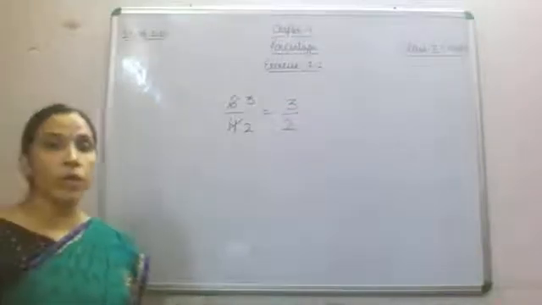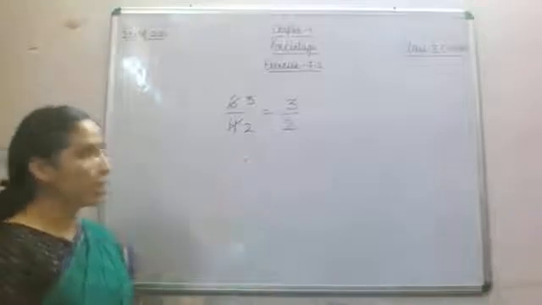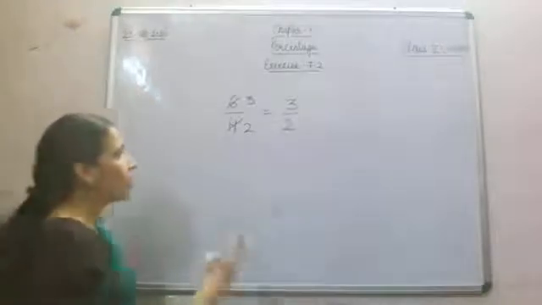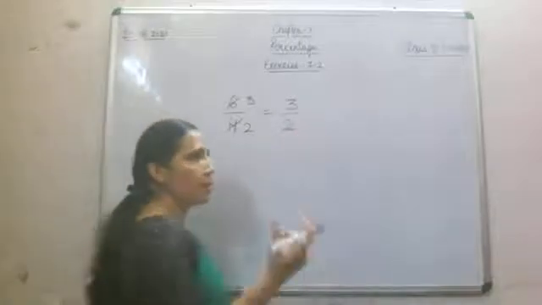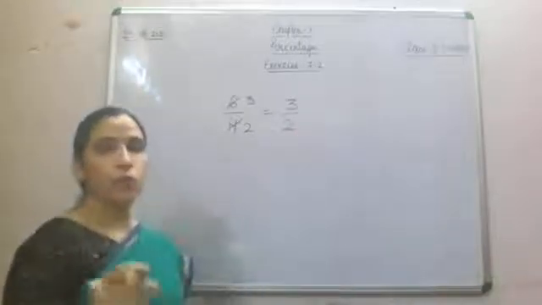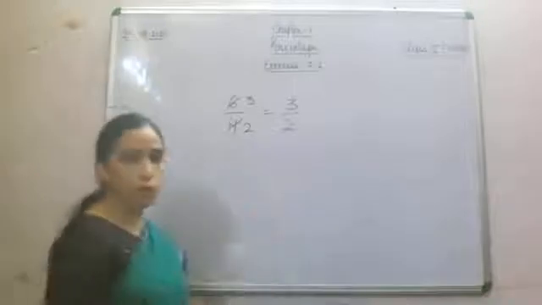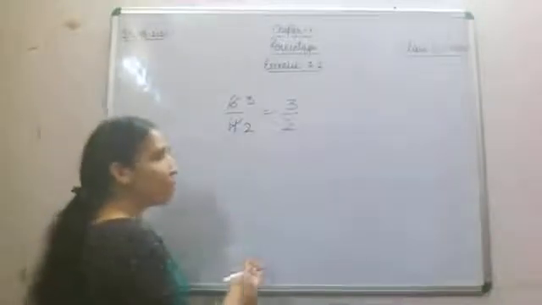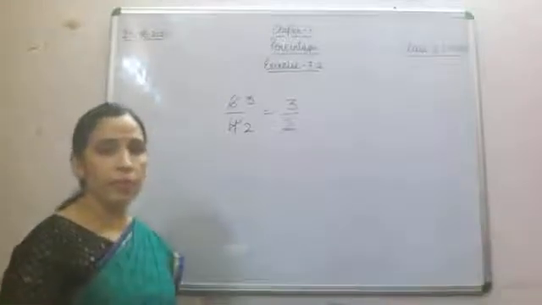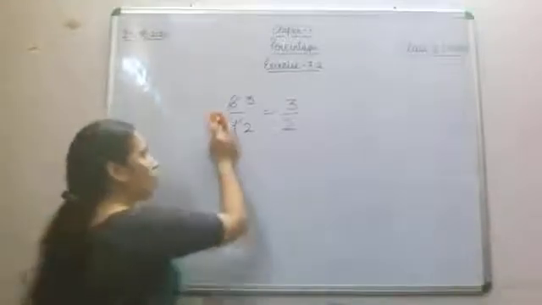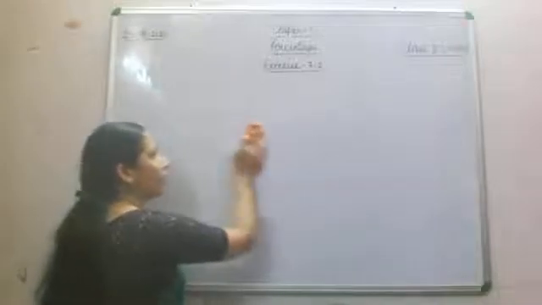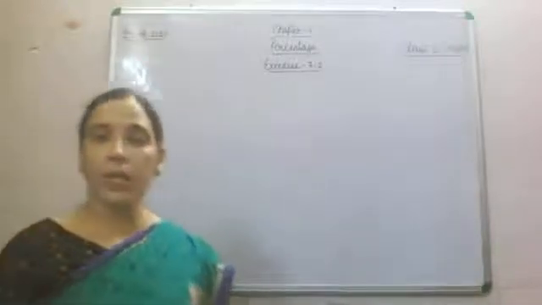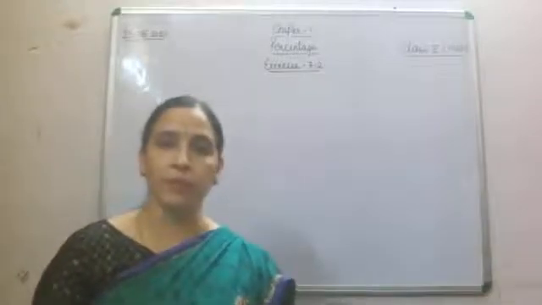Now if I want to know what is the percentage in this case, what you will do: this 2 will be multiplied by 50 to make it 100, and in the numerator also you will multiply by 50. When you have to change a fraction into percentage, you must have 100 in the denominator.